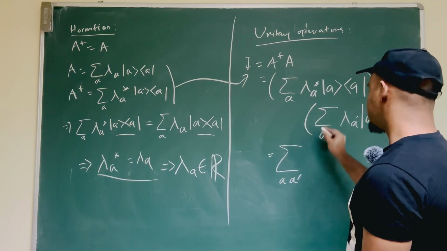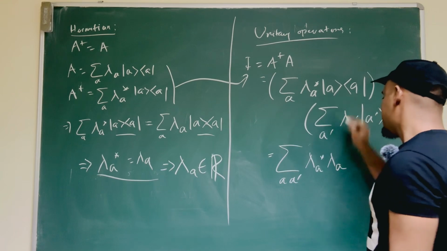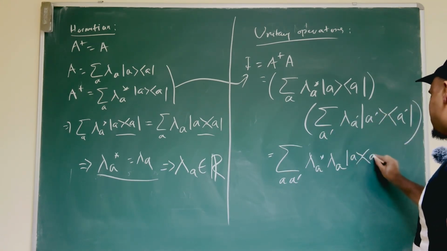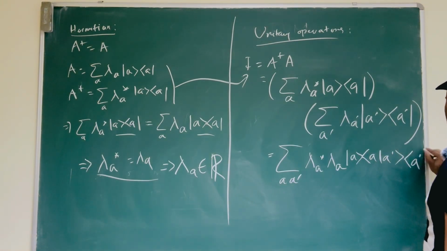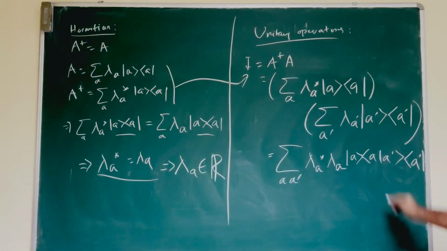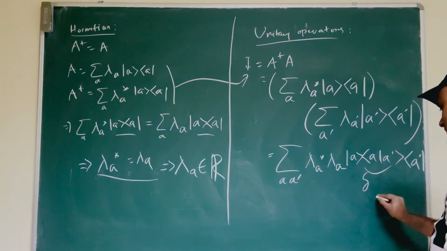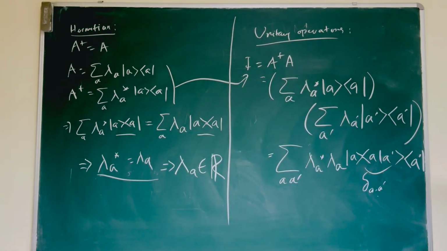Okay, so this will be lambda a star, lambda a, and then a, and then a prime. So this is a known thing that we know, that is the delta function a comma a prime, which is equal to 0 if a and a prime are not the same.